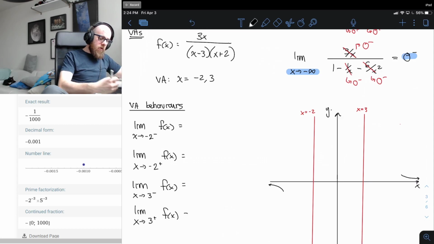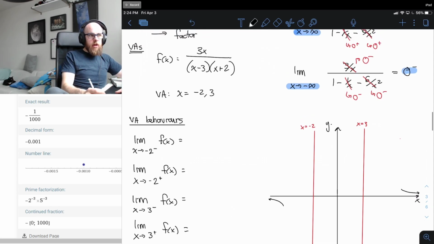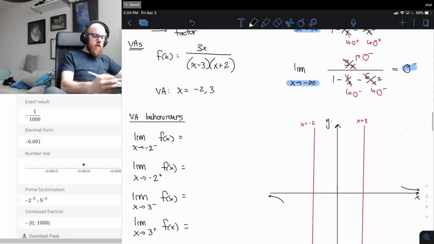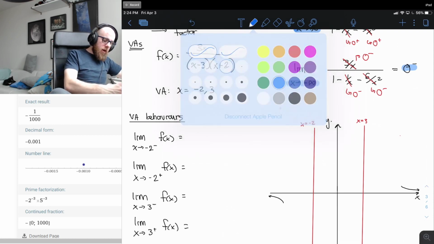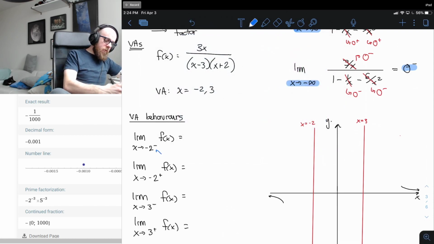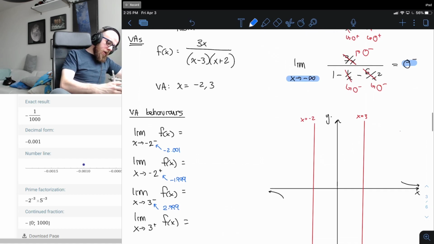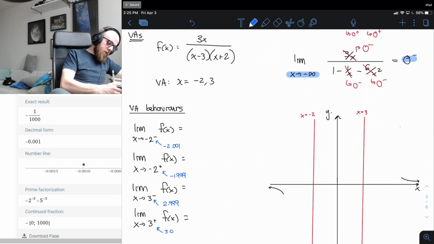Okay, so again, I'm going to use the trick. Imagine picking a number really, really close to -2, but still a little bit more negative. So -2.001, let's say. Imagine plugging in -1.999 here. Let's say 2.999 and 3.001.